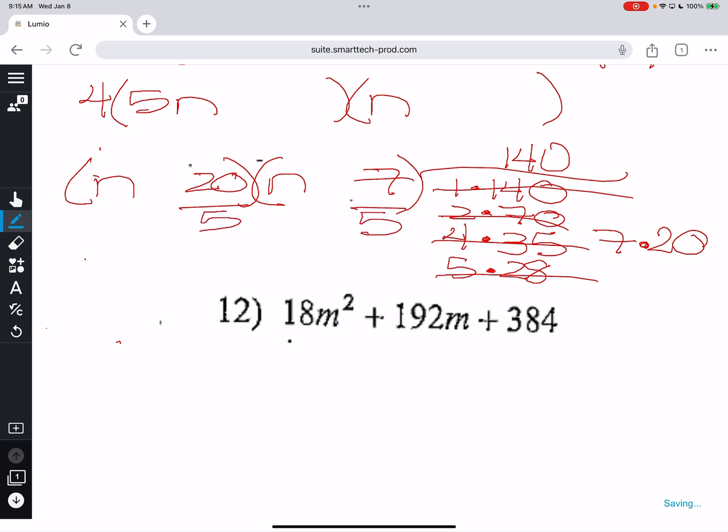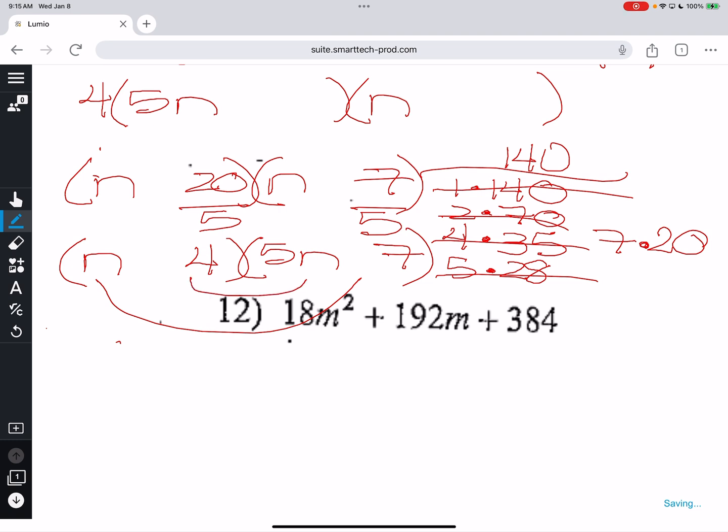So that means we have an N and a 4, 5N and a 7. So plus or minus 7. All right, then we need a negative 13. So here we have 7 and we have 20. We need the 20 to be negative. Okay: 5N plus 7, N minus 4.